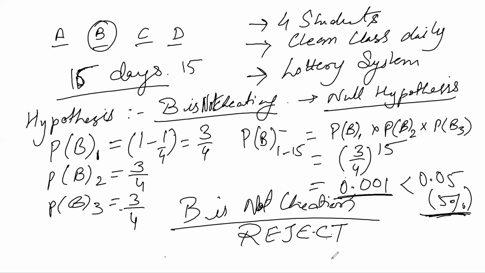So maybe I don't say that B is cheating, but I can say that it was not by chance, like it was not by luck. There was something wrong with the lottery system. Okay.